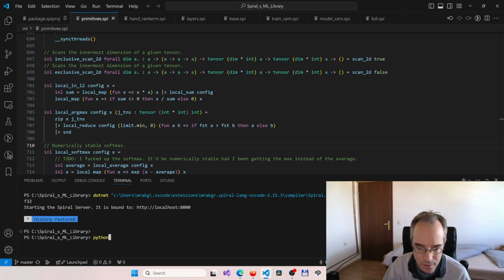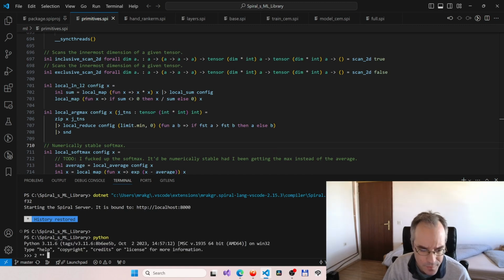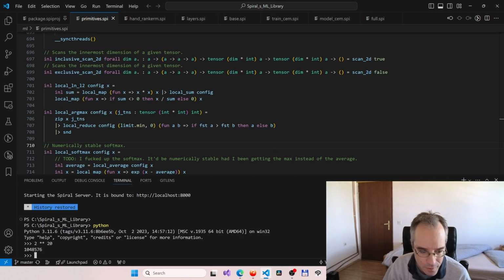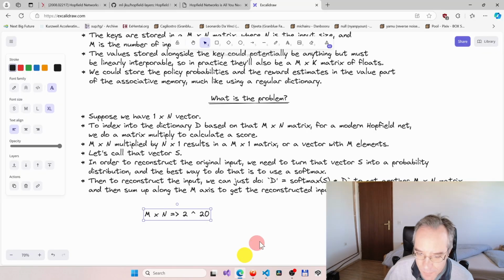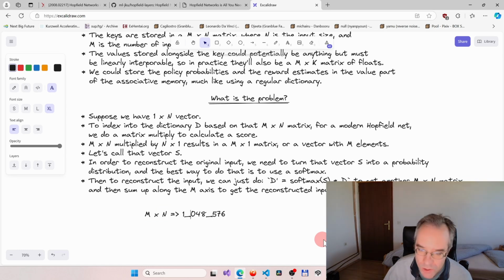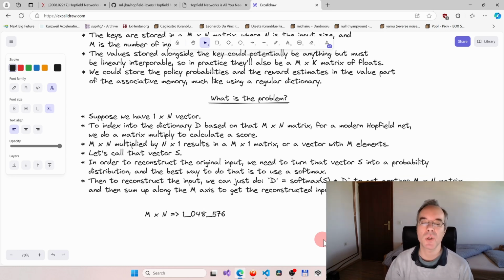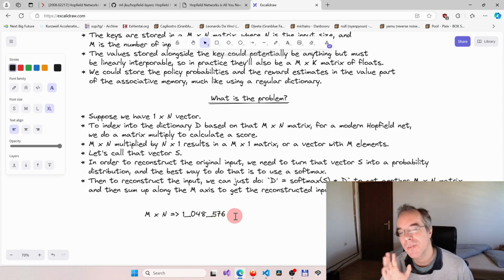We'll go into Python real quickly. We'll put in underscores like this so we can more easily separate out the thousands.